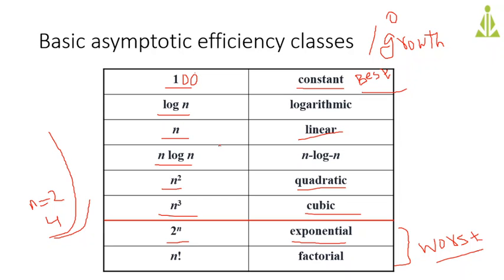In the exam, in the 2 marks, they are going to ask you to list the order of growth or define the order of growth. So you need to write this table, or you can write 1 less than log n, less than n, less than n log n, less than n square, less than n cube, less than 2 to the power of n, less than n factorial. Like this you can write.